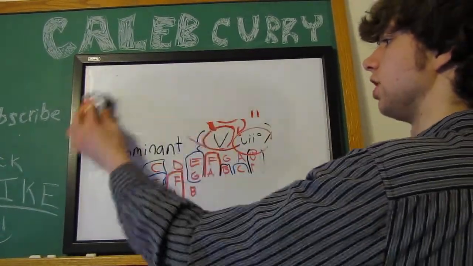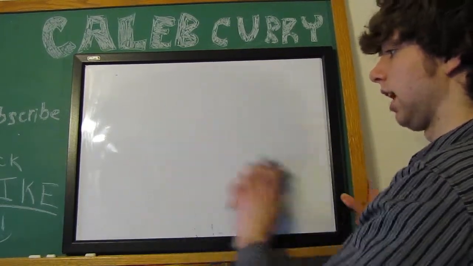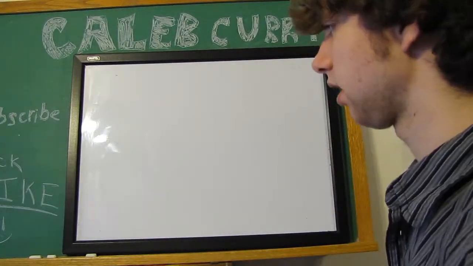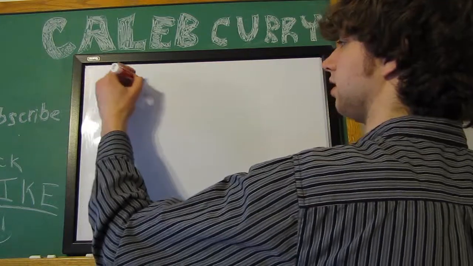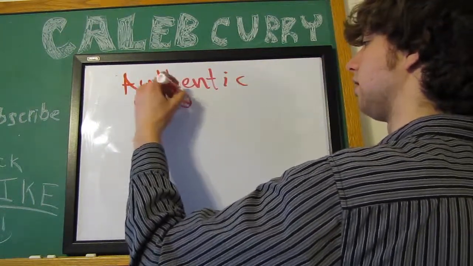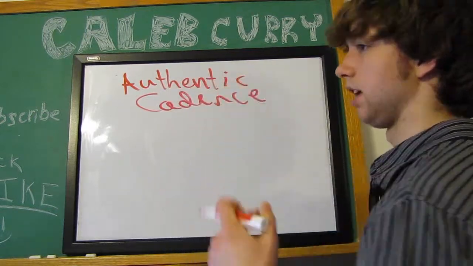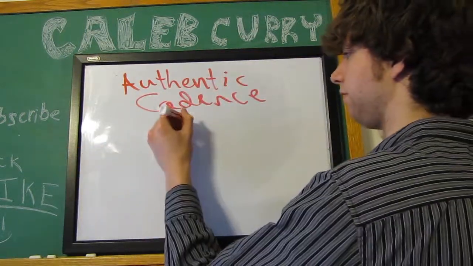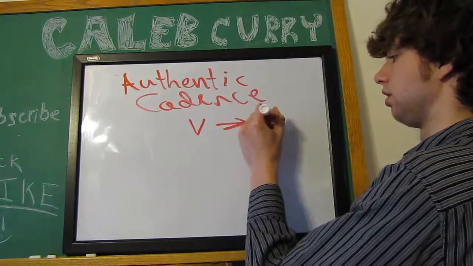What we have learned today is cadences. We had authentic and plagal. I think that's how you pronounce it. An authentic cadence is a resolution from the 5th back to the tonic.